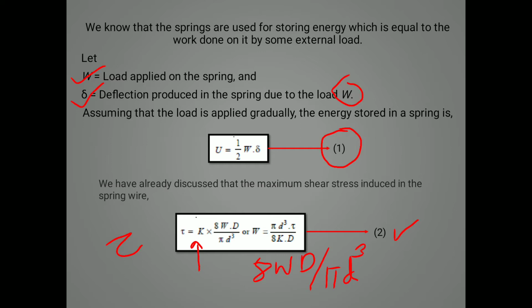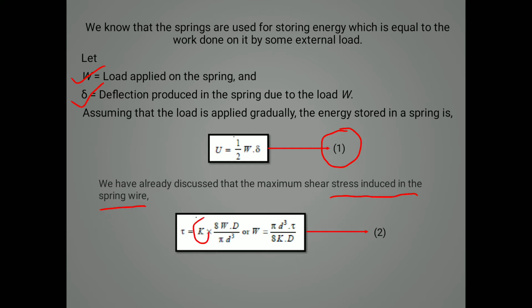Once again we will see this formula. This is the maximum shear stress induced in a spring wire; in some notations it is also used as Fs, shear force. Tau is equal to K, where K is calculated using the spring index.